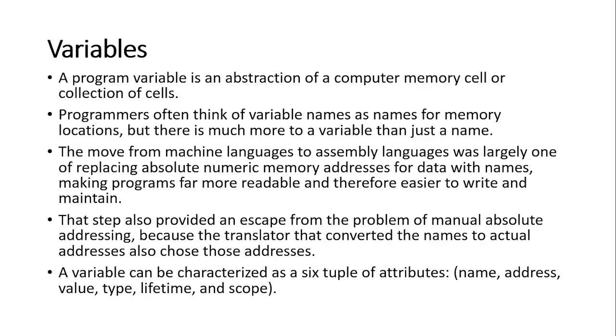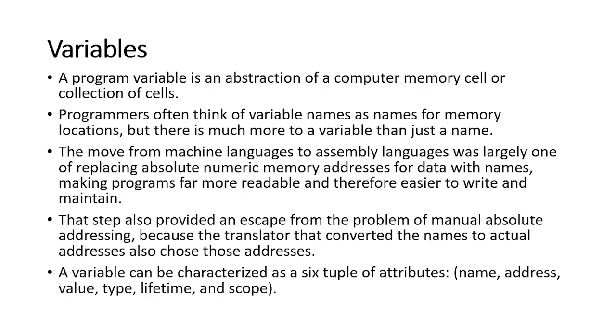So we have the machine languages and we moved from there to assembly languages. What happened at that time? We could replace these absolute numeric memory addresses for data with names. In machine languages, we had to use the absolute numeric memory addresses for data. Now we are able to use names as memory addresses, which are abstractions of these memory addresses.